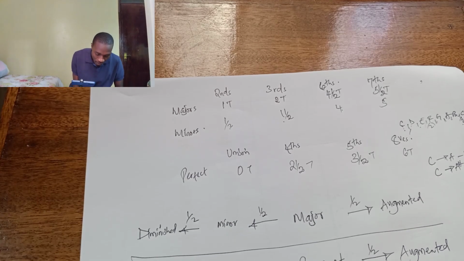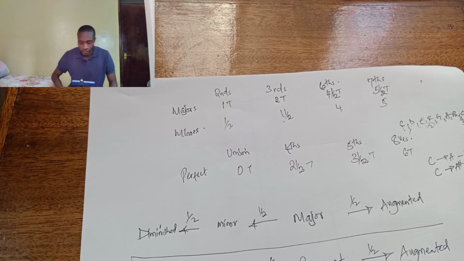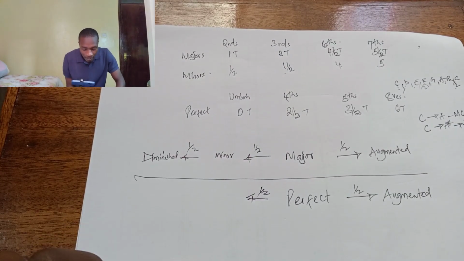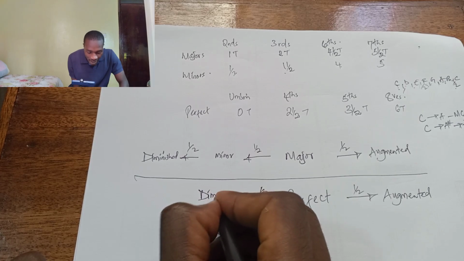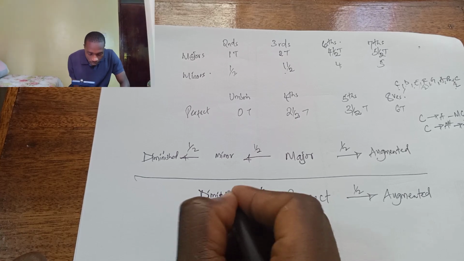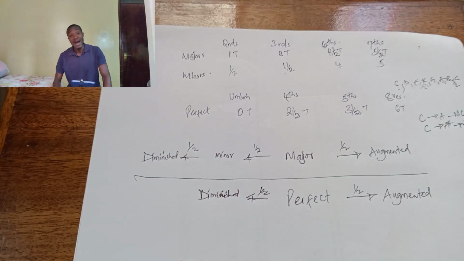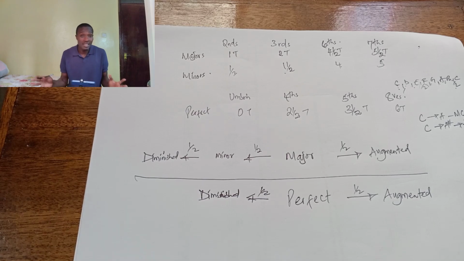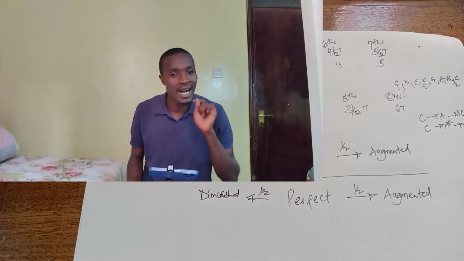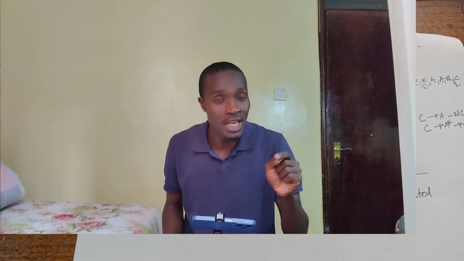If you decrease a perfect interval by a half step, it is going to give you a diminished interval. That's a secret you need to have in mind, and it is one of the top secrets for musicians to have. Anytime you have a perfect interval, when you increase it, it becomes an augmented interval. When you decrease it, it becomes a diminished interval.